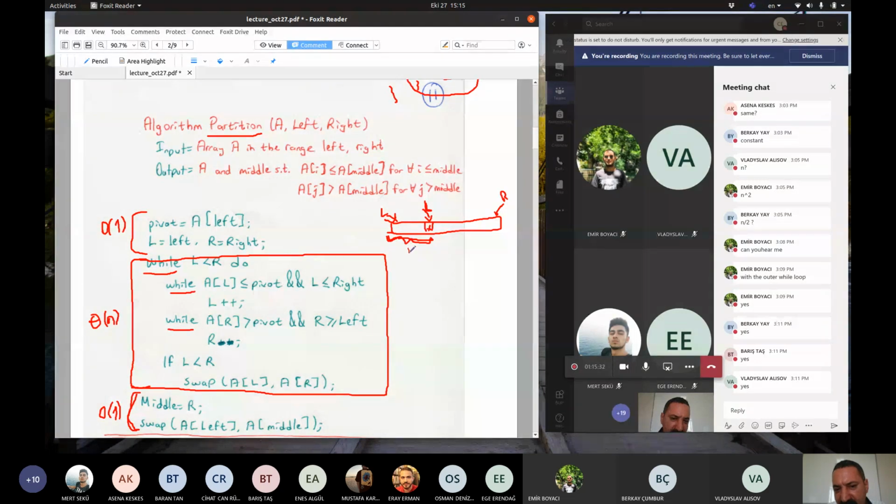If there were k elements in here, it will spend time theta k, k1 let's call.